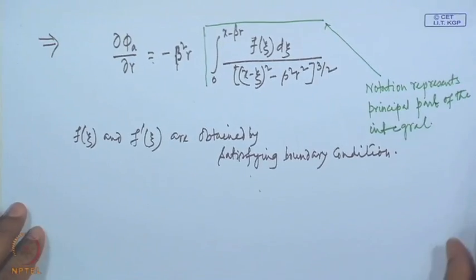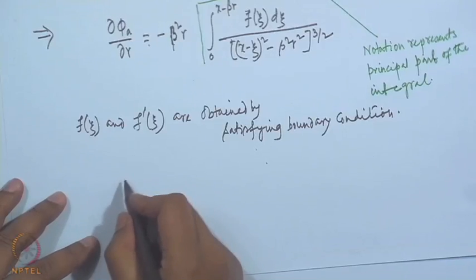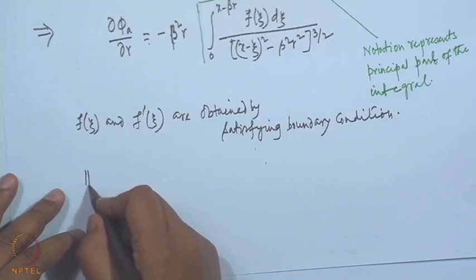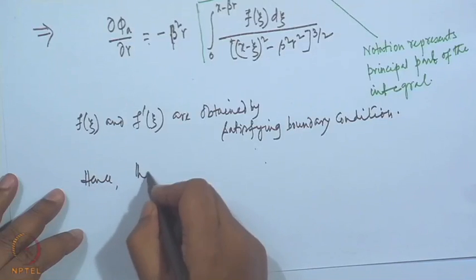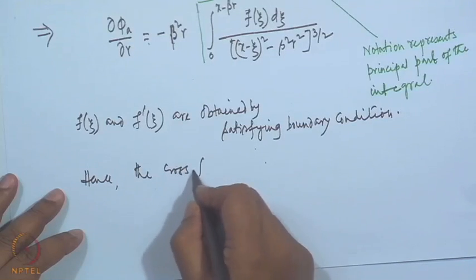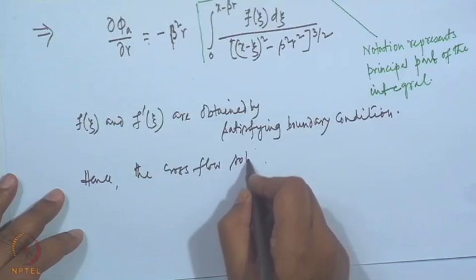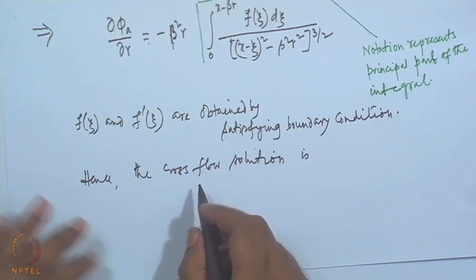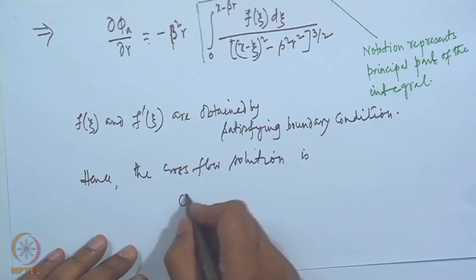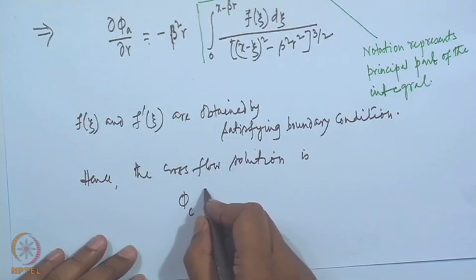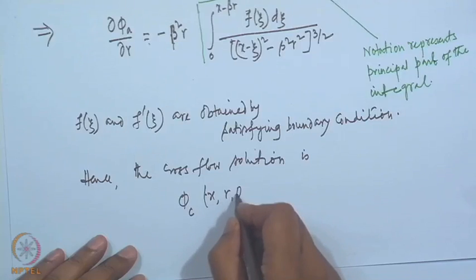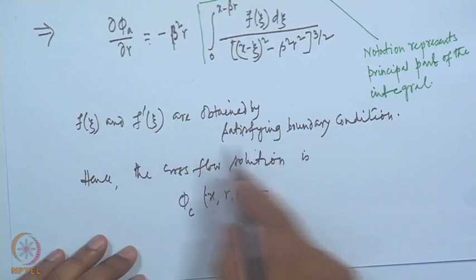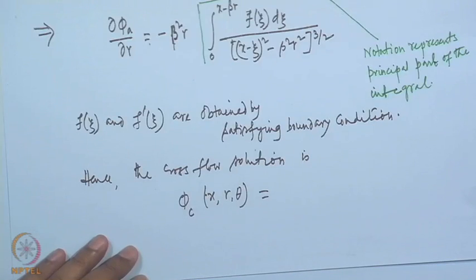So finally, the cross flow solution we can write as phi c x r theta equal to cos theta into d phi a dr, and d phi a dr we have two forms.